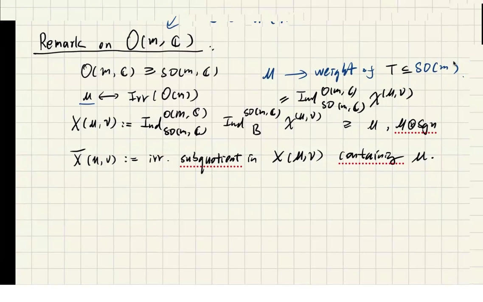The point is that you take X bar as an irreducible subquotient of the standard module which contains this specific O(m) type. Okay, so this is the comment for the orthogonal group.